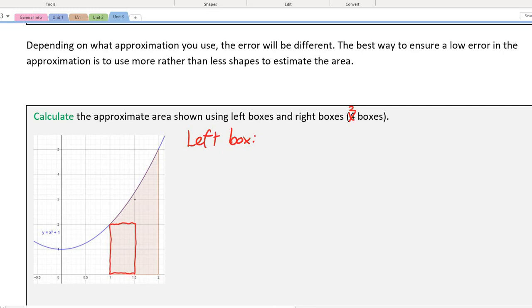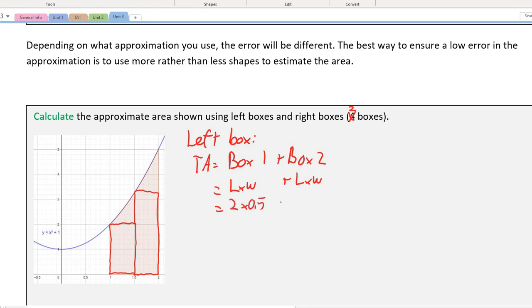And then my second left box would be about there. So my total area would be box 1 plus box 2. Box 1, looking at it, is 2 tall, so length by width. It is 2 tall and it's 0.5 across. 2 times 0.5.